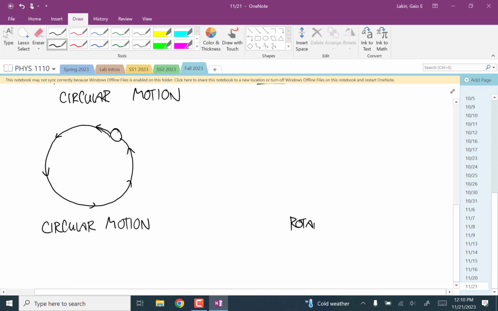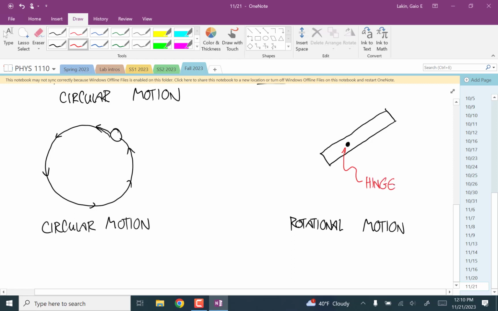In rotational motion, we aren't talking about particles. We're talking about bodies that have dimensions. So if you have this board and this is a hinge or a pin, something it can rotate around, I'll call it a hinge. Generally I'm going to refer to that as the about point. That's the point it rotates around.